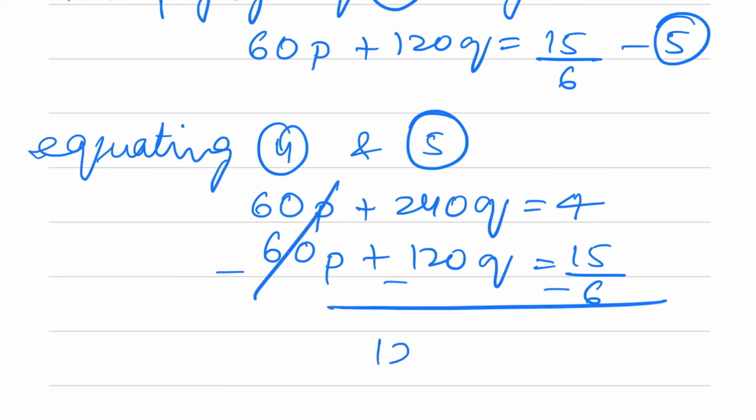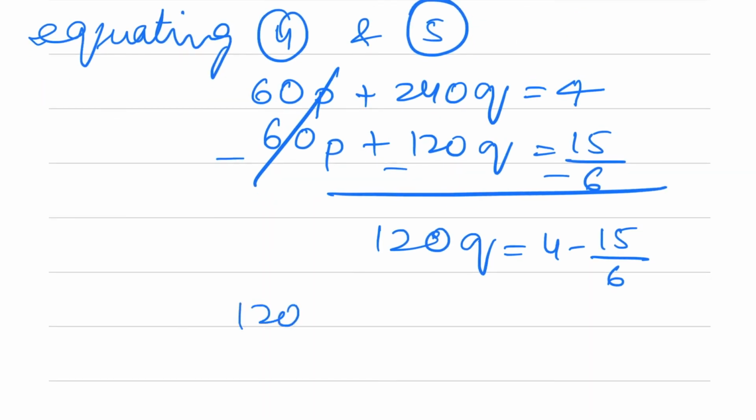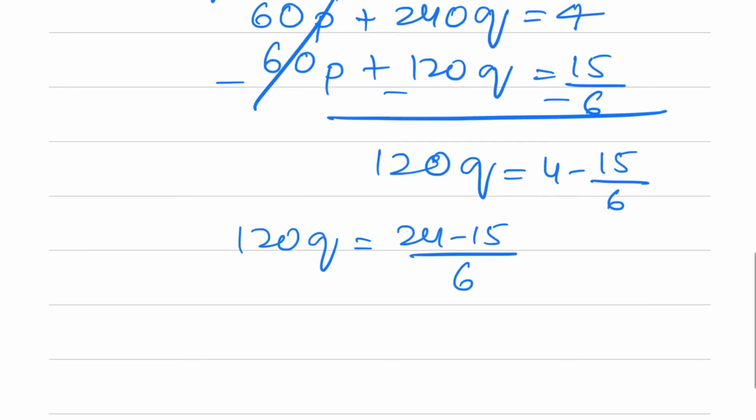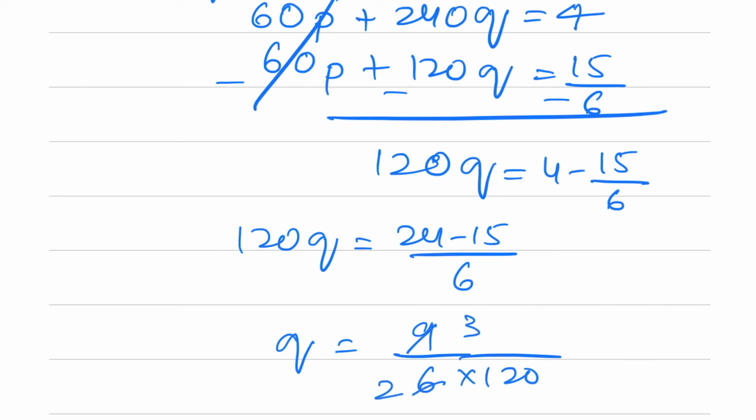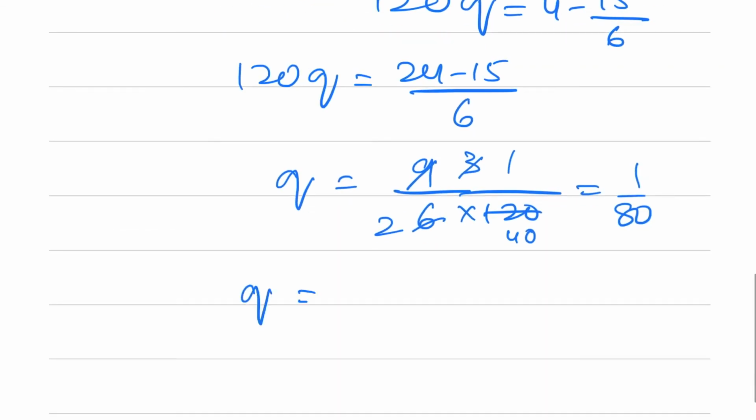So I get 120q is equal to 4 minus 15 by 6. So 120q is equal to 24 minus 15 by 6. So q is equal to 9 by 6 into 120. So 3 times, 2 times and 3, 40 times. So this is equal to 1 by 80. So q is equal to 1 by 80.